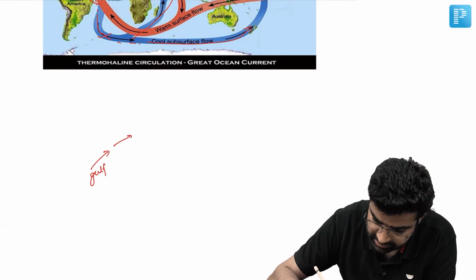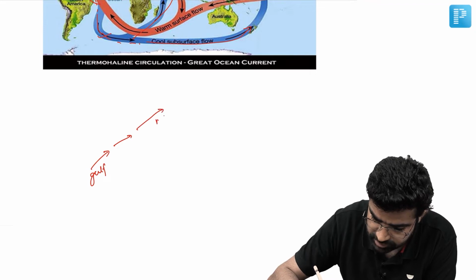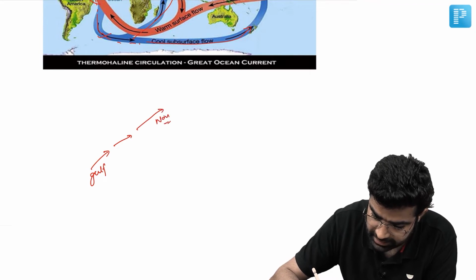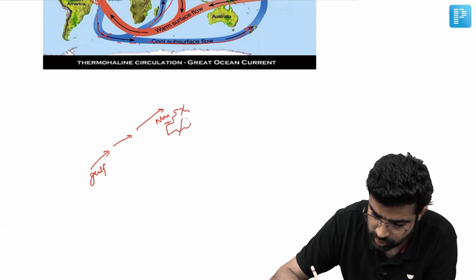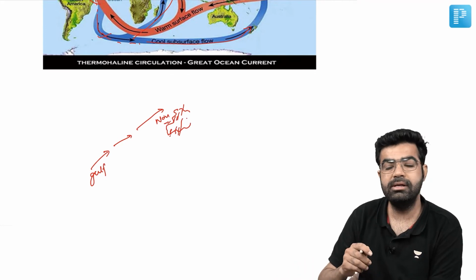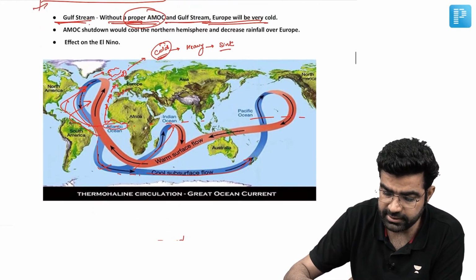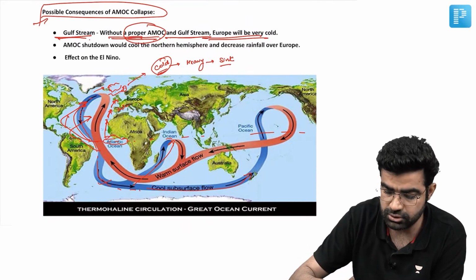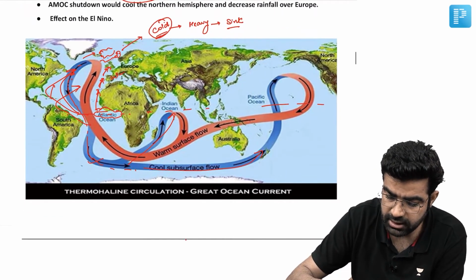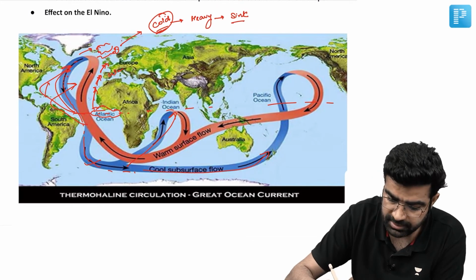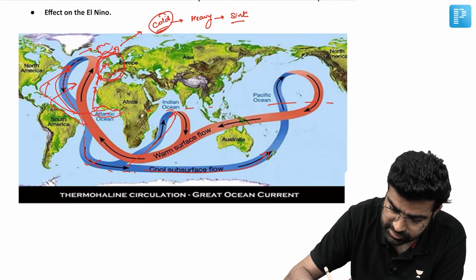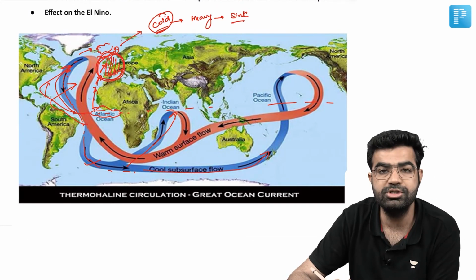Because of the Gulf Stream, the Norwegian current would be there, they both are warmer, and because of these currents, the western areas of the UK, or Europe, are actually ice free. At these latitudes it is very impossible to remain ice free throughout the year, but these areas are ice free because of these warmer ocean currents.